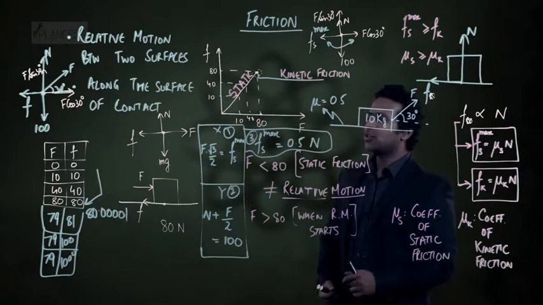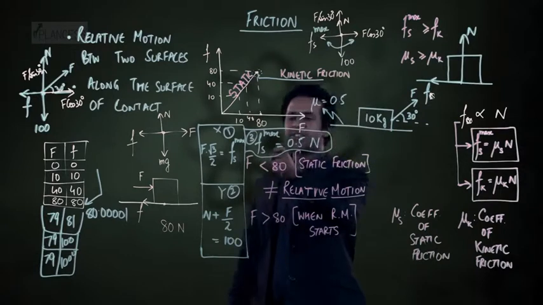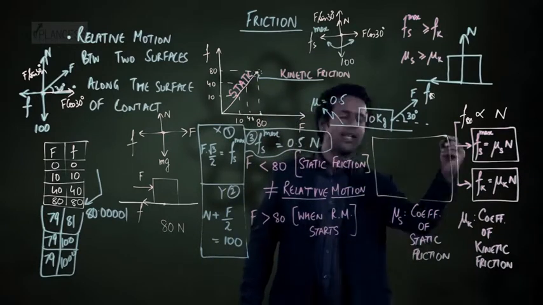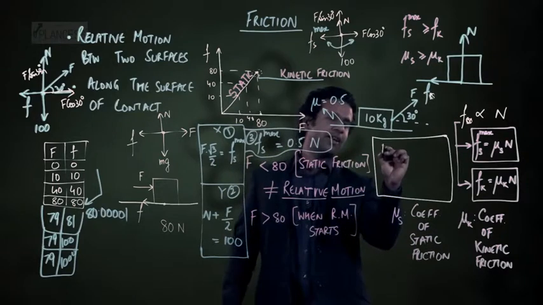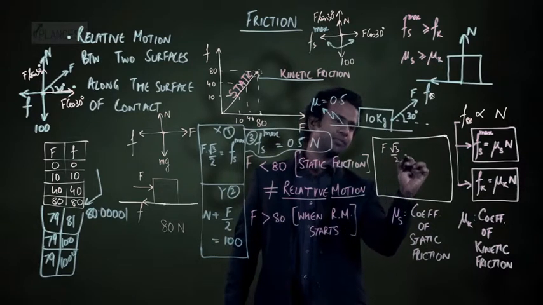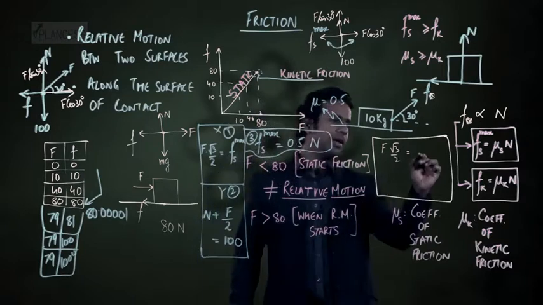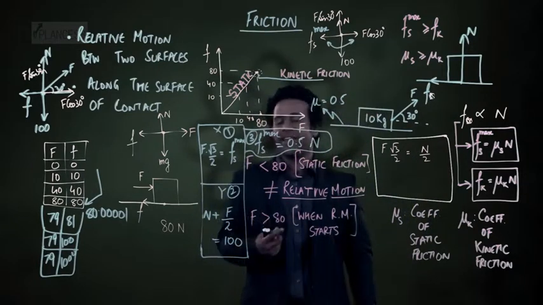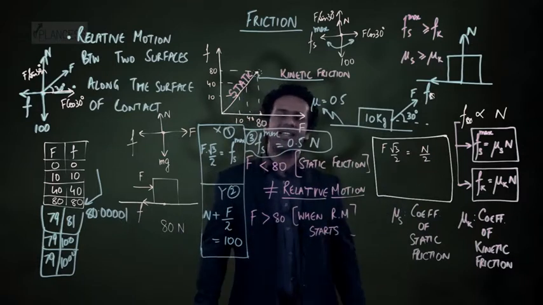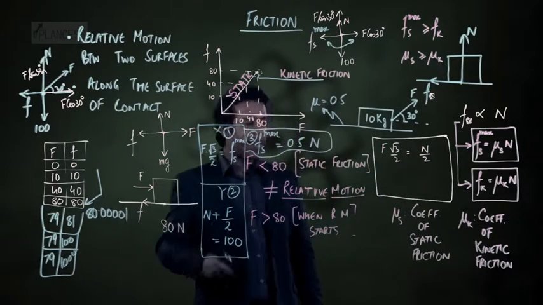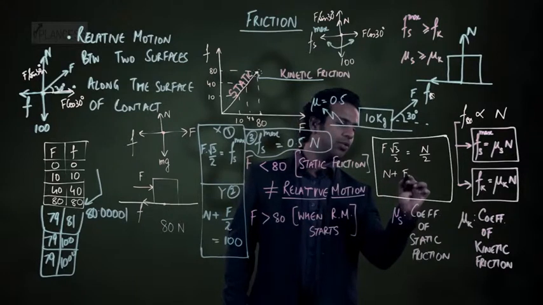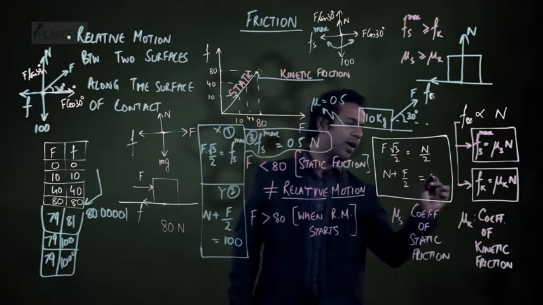The simplest way to solve this is to substitute Fs max in the first equation. So doing that, you would get that F into root 3 by 2 is equal to N by 2. Now 0.5 is half, so I've written it as N by 2. The second equation is that N plus F by 2 is equal to 100.